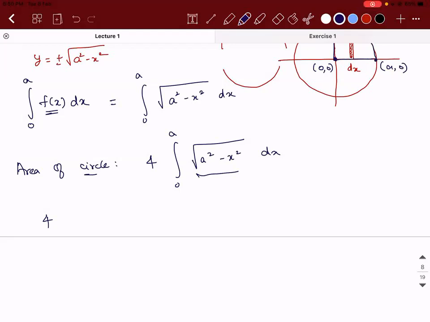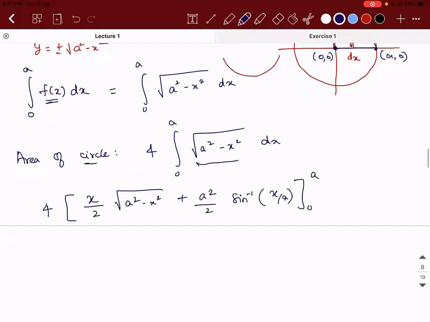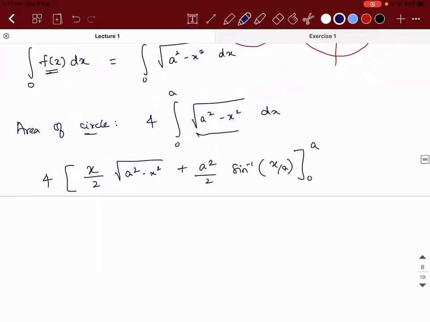The integral of root of a square minus x square is x by 2 into root of a square minus x square plus a square by 2 sine inverse of x by a. So between 0 to a, substitute the limits.